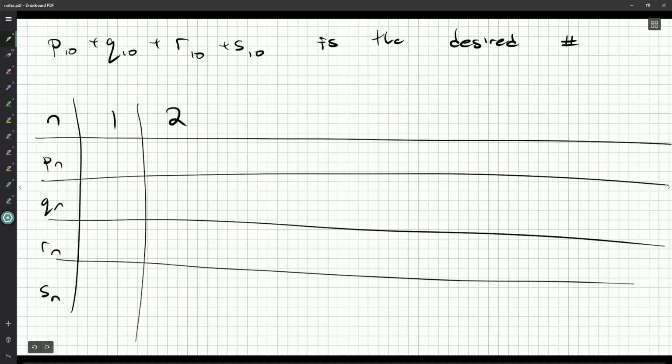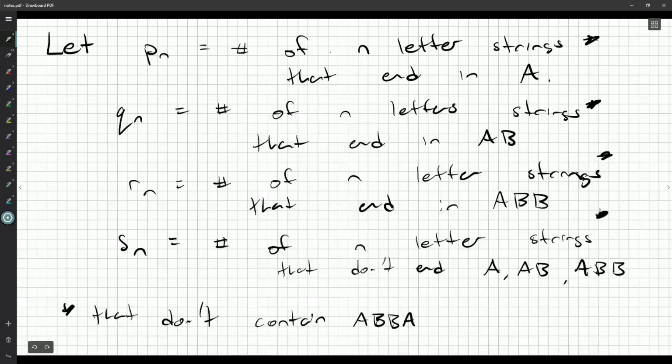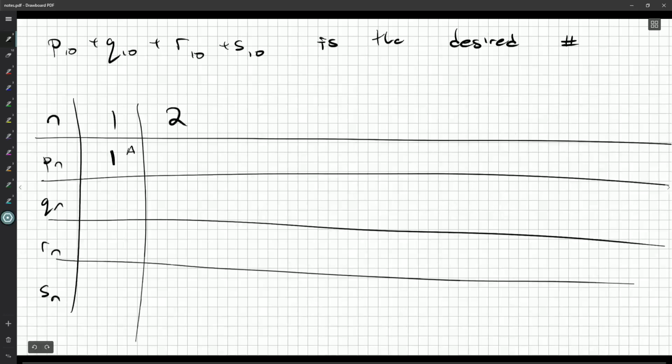So PN, well, just A is a thing that ends in A, so P1 is 1. There are no one-letter strings that end in AB or ABB, but B is something that we do need to consider. It's another string. It doesn't have ABBA in it.